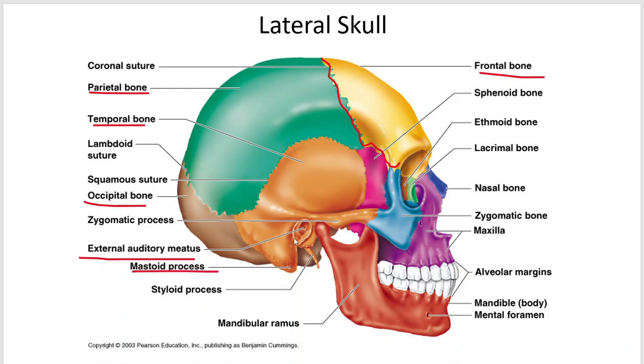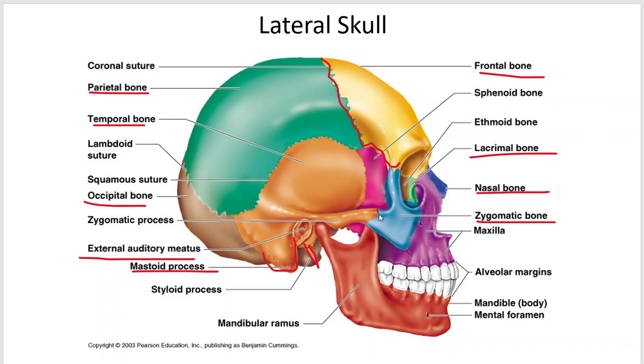The mastoid process is this big triangular shape that sticks down. The styloid process, on the other hand, is this needle-like thing right there. Now, we can see our zygomatic bone a little bit better now from the side. You can also see lacrimal, nasal bone, all that.